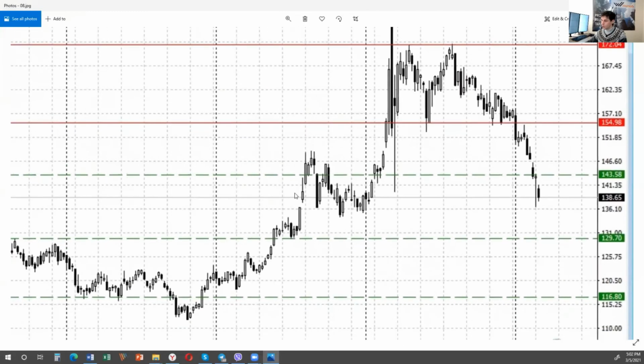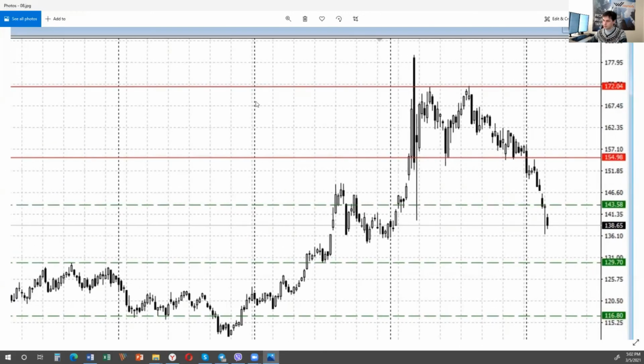And also you can see here a very interesting technical moment. With breaking this level.